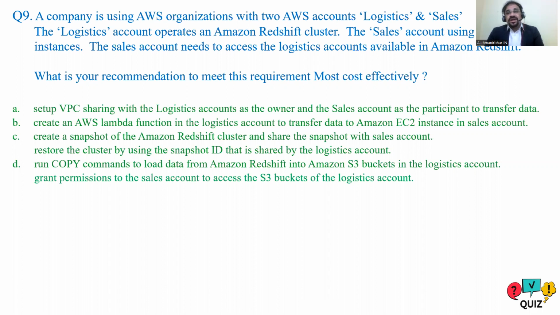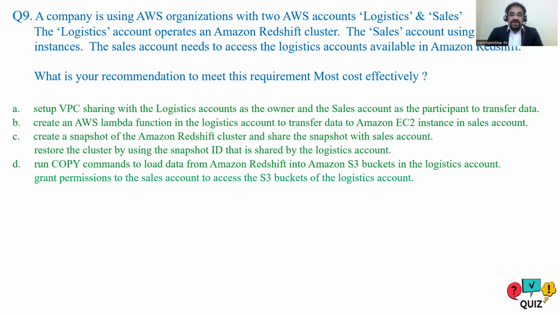The sales account is using an Amazon EC2 instance to manage their day-to-day activities. The sales account needs to access the logistics account's data available in Amazon Redshift. What is your recommendation to meet this requirement most cost effectively?